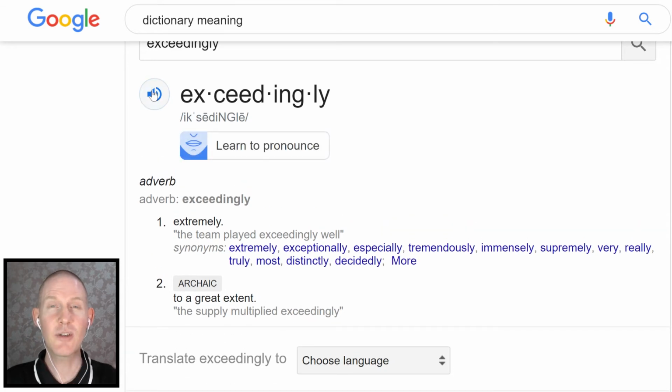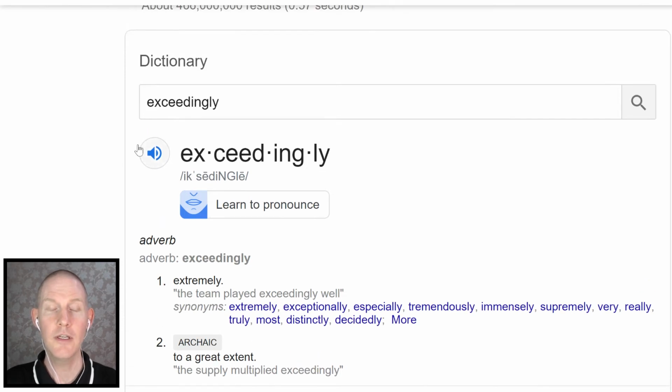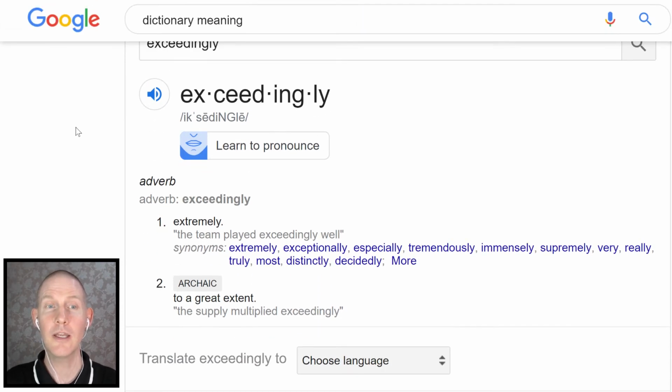Exceedingly. And just a quick tip, when you use Google Dictionary, since Google is an American company, I guess that's why they chose people with American accents to do the pronunciation. So if you're curious about the American accent of a word, put it into Google Dictionary, click the little button. Exceedingly. It's an American guy.